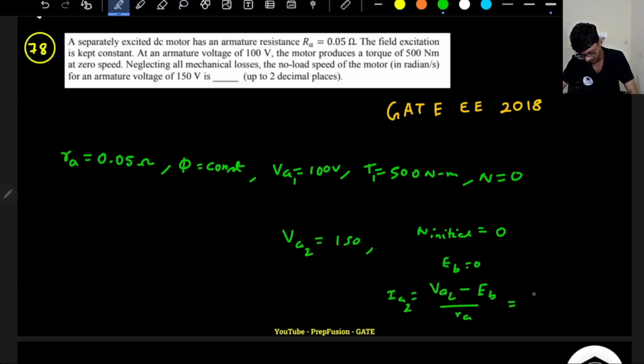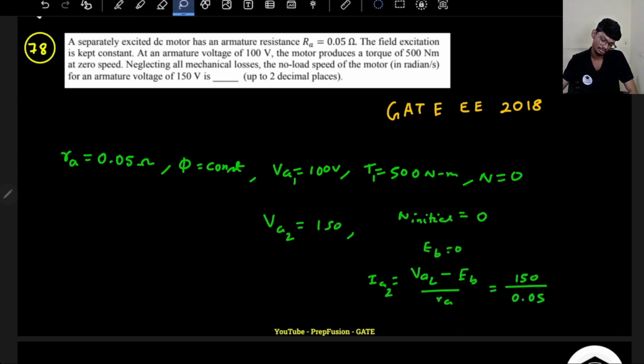VA2 is 150, 150 by 0.05, so 3000 amperes, which is a huge amount of current. It will take a huge amount of current, right? Now in case 1, what is the current it is taking?